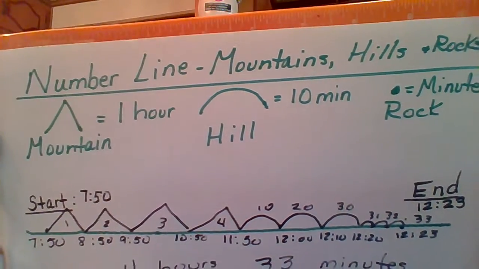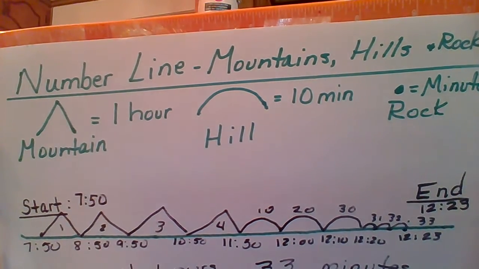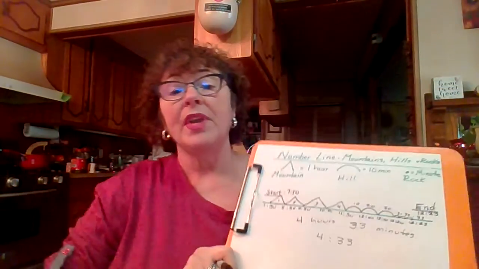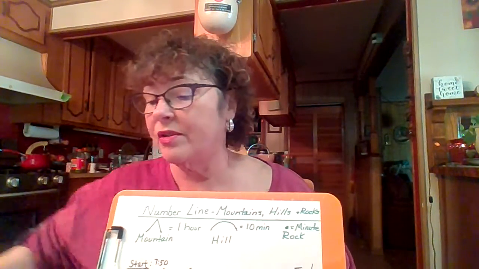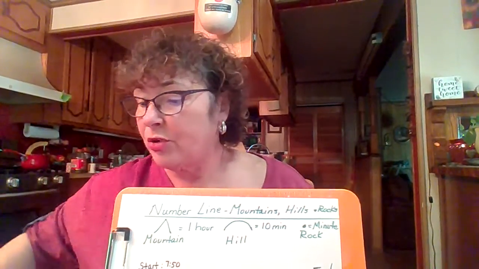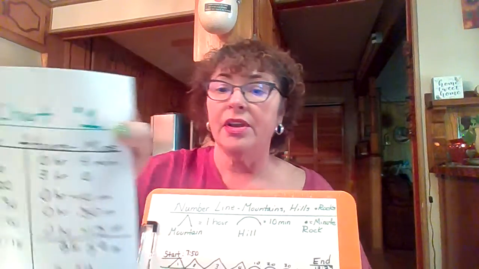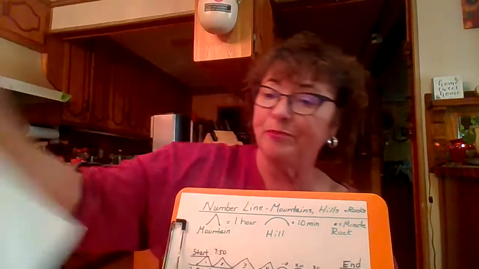Sorry, my writing's not very good. Now, hopefully you can use one of these techniques to go over elapsed time. Okay, remember you can do T-chart number 1 with the time.